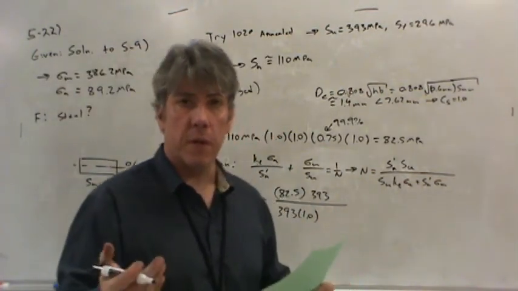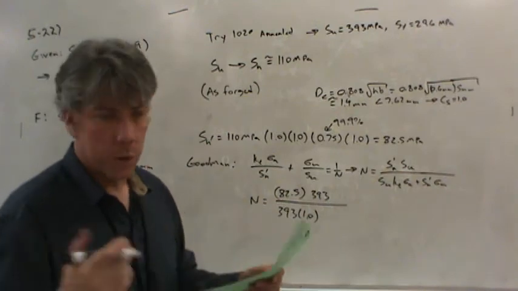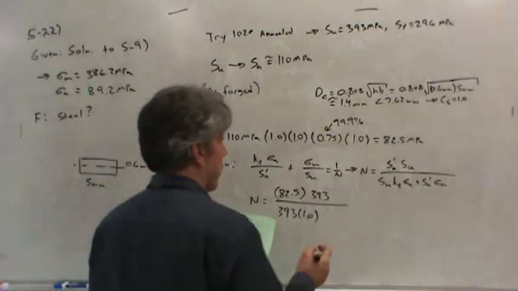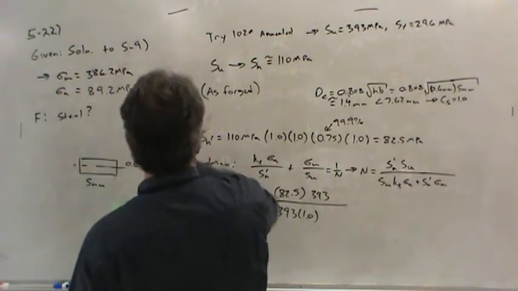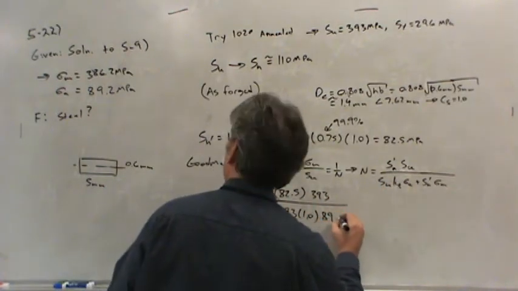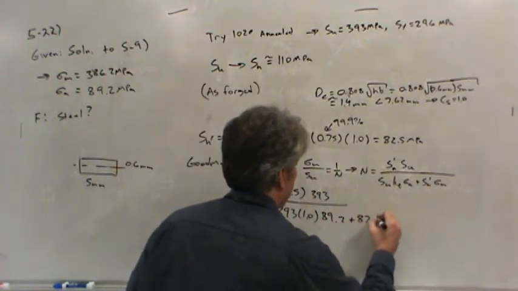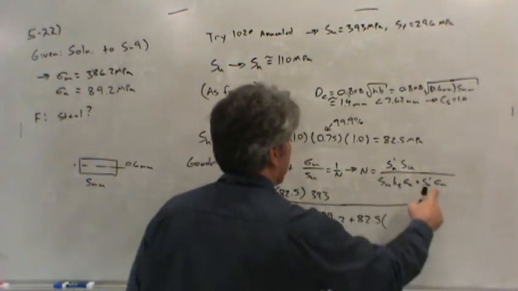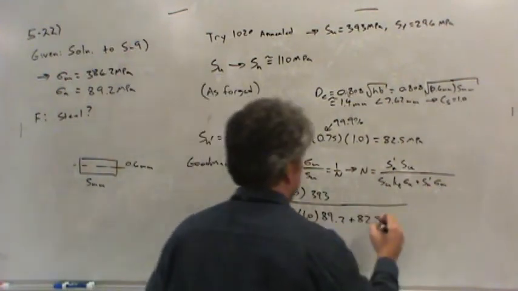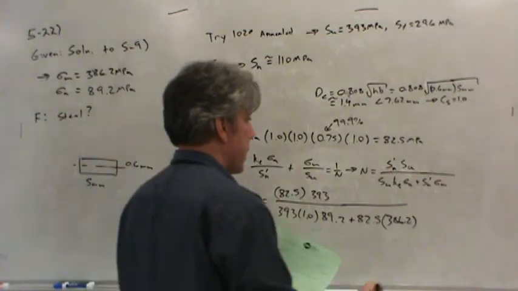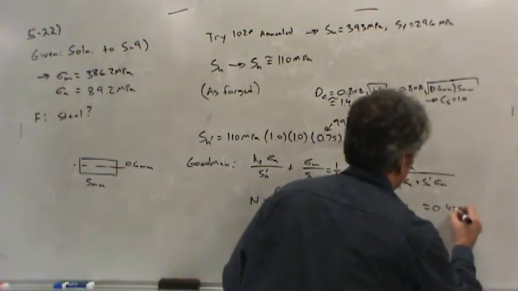If you remember from the figure, you'll see there's no holes or nicks in it or anything like that. The alternating stress was calculated as 89.2 megapascals. We need to add Sn prime, 82.5 megapascals, multiplied by the average stress, 386.2 megapascals. Plug all this in your calculator, you get a grand total of 0.48.